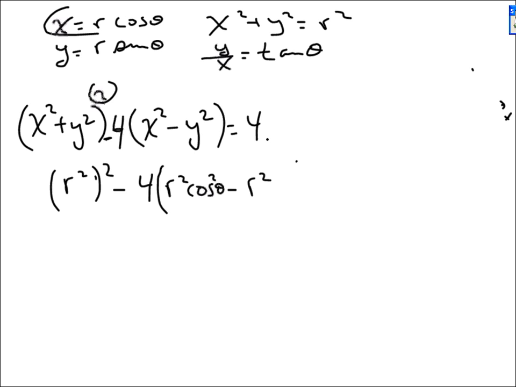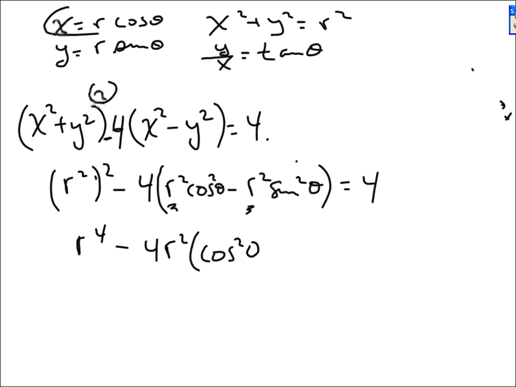And this is still equal to 4. Now we should clean this up, like r squared squared is r to the 4th. In the second term, you can factor out an r squared. Cosine squared theta minus sine squared theta is 4.